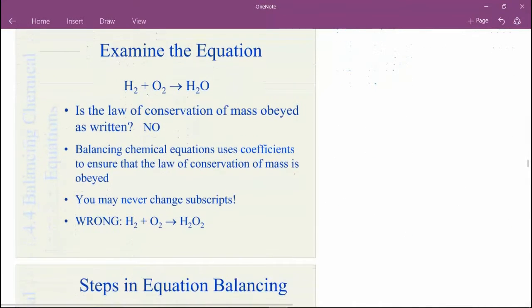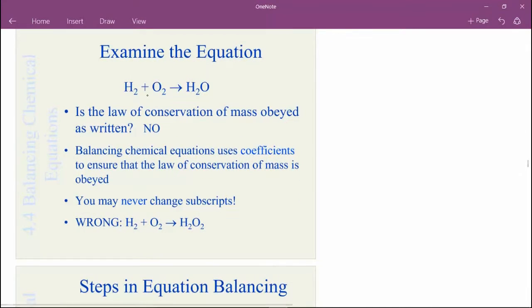Okay? All right, let's look at water. That's a great example. H2 plus O2 produces H2O. I want to balance this chemical equation. First, I look at the hydrogens, and they're balanced on each side.